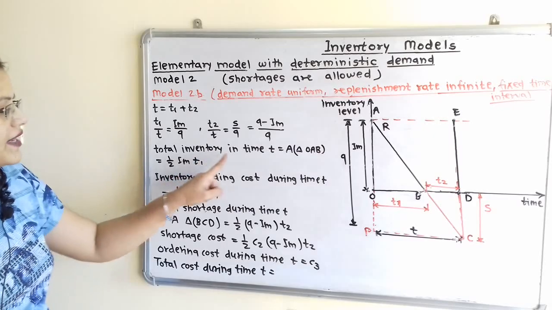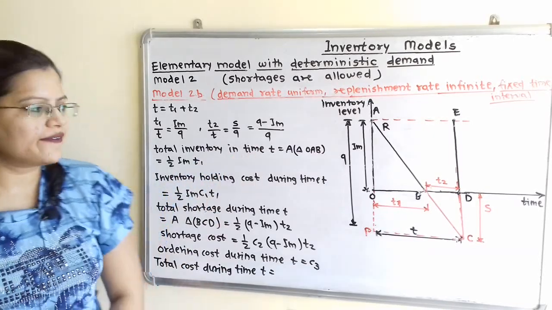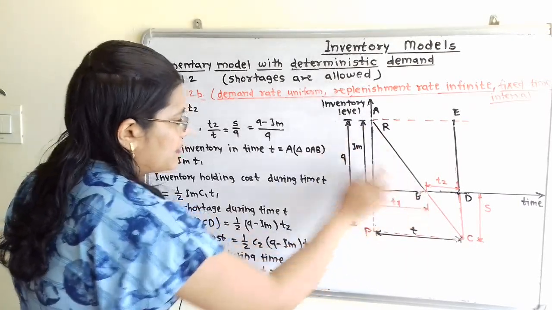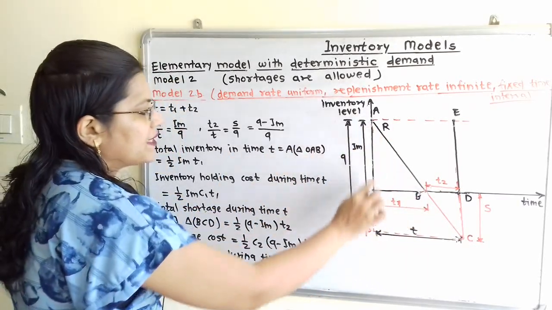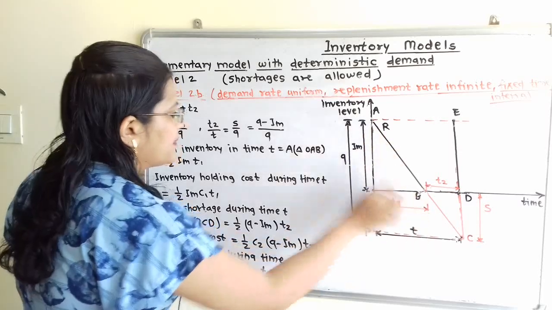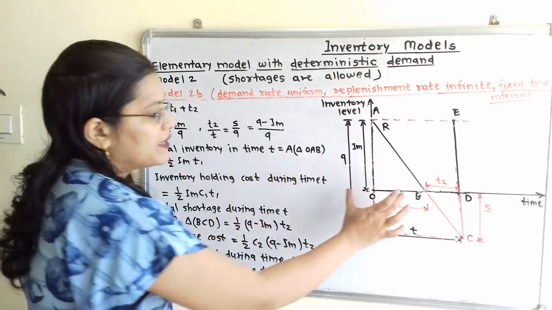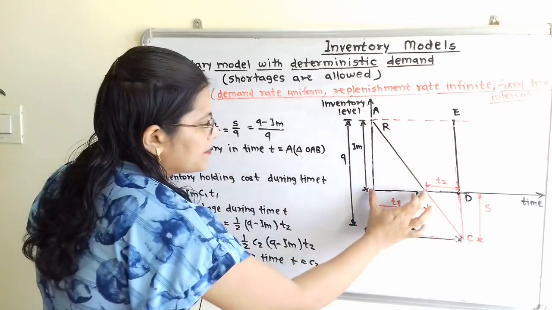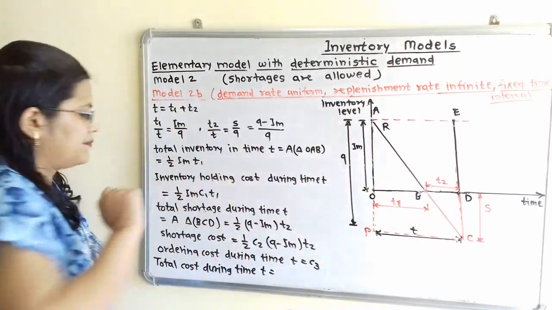Now total inventory in time T. If we observe, up to this point B only inventory is available. So total inventory in time T is the area of triangle OAB, that is equal to half multiplied by this base multiplied by the height, that is half multiplied by T1 into Im.